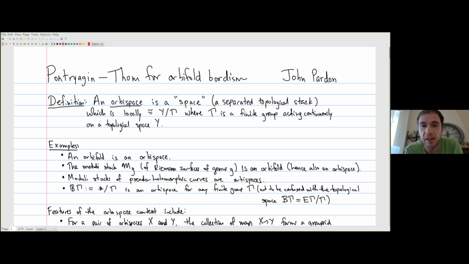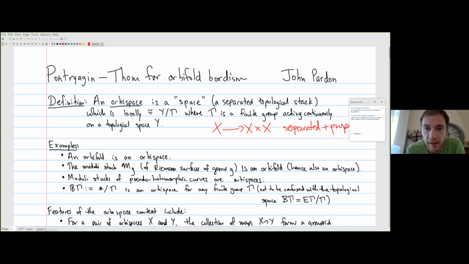So separated means this diagonal is separated and proper, and an étale atlas. This is for the stacky people.